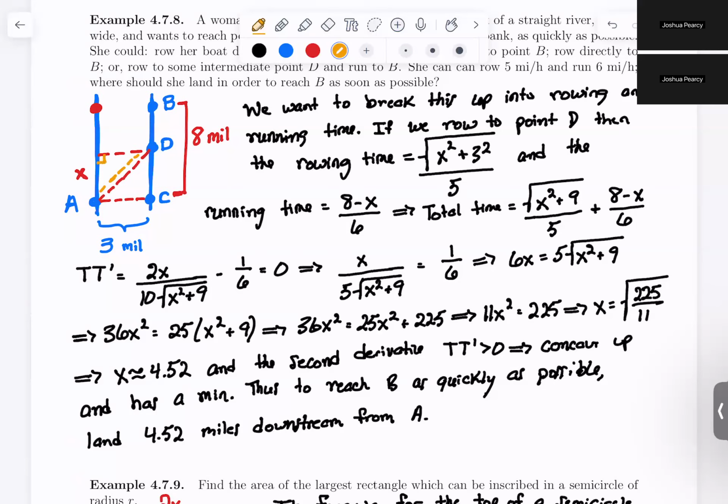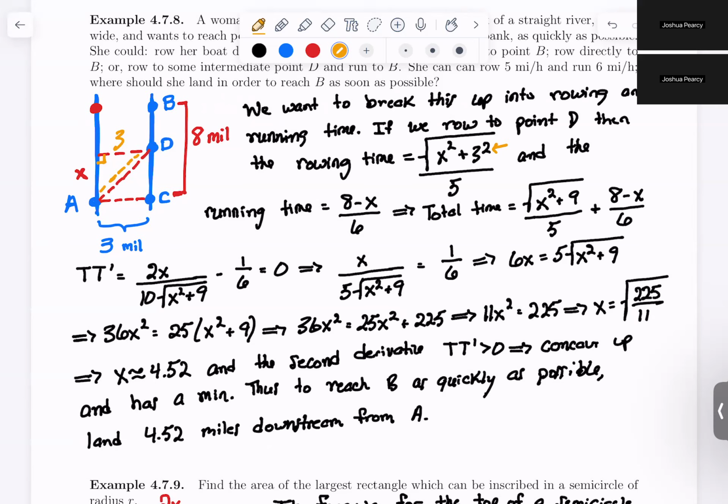This side is x, and this side is 3. So by the Pythagorean theorem, the distance A to D is the square root of x squared plus 3 squared. That's the distance that we're going to travel.